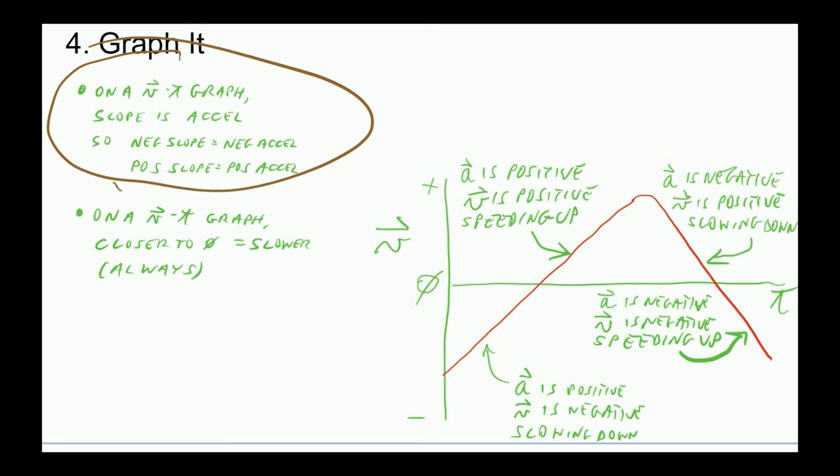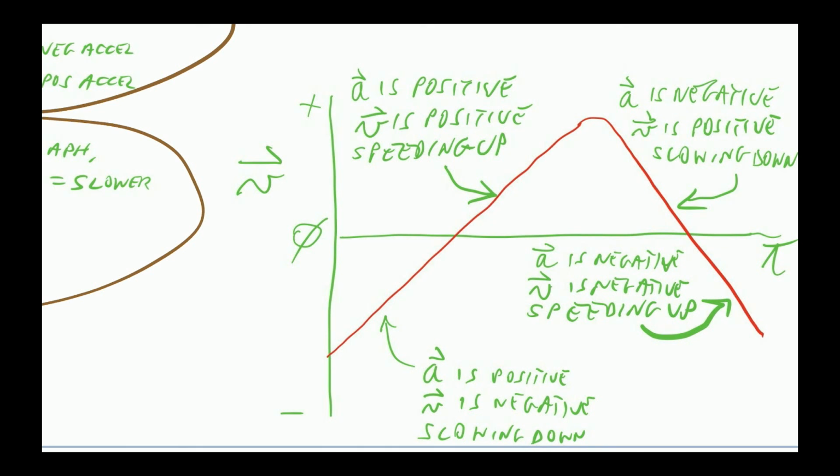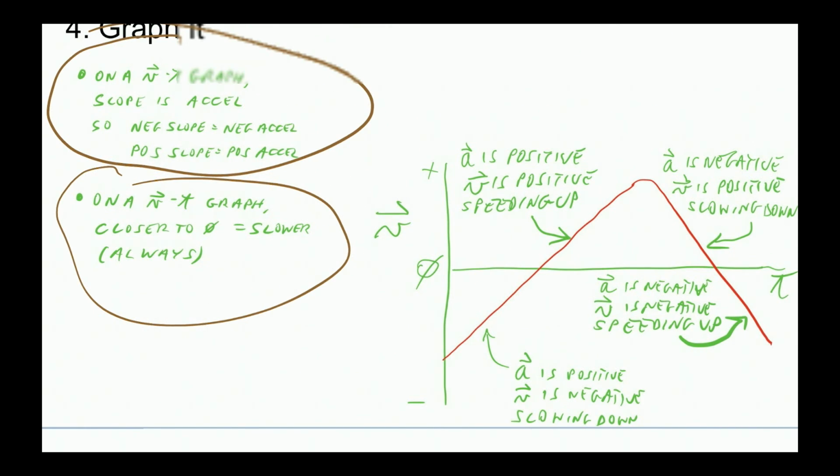And the student also recalls that on a velocity-time graph, the closer you get to zero, the slower you're going. So if you look at it, this graph contains all four cases. If you sketch this on the side of your homework or even your test paper for that matter, you can't go wrong. I'm going to leave that up for a second so you can absorb it, and then I will move on.